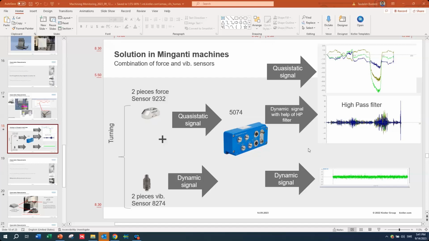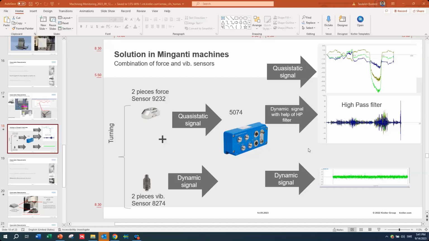And of course, then it limits. Maybe you can measure up to 1 kilohertz. But for certain applications, that is good enough to capture still the tool wear.